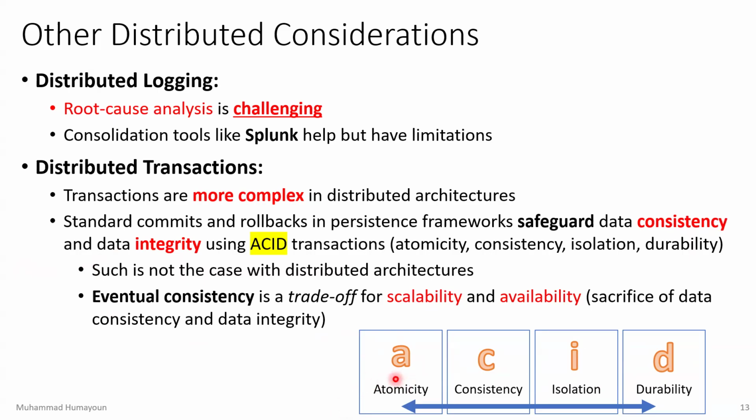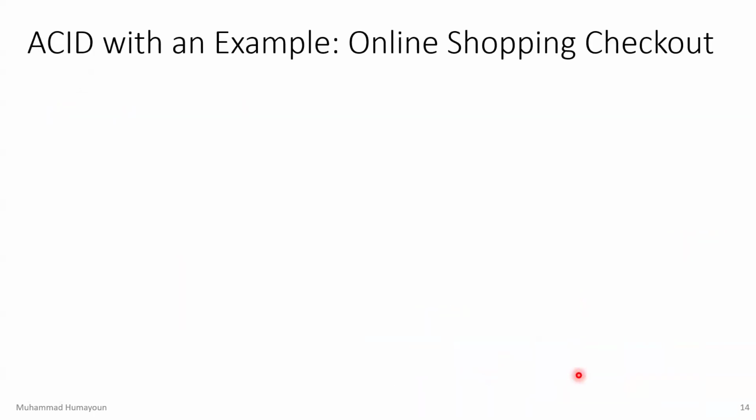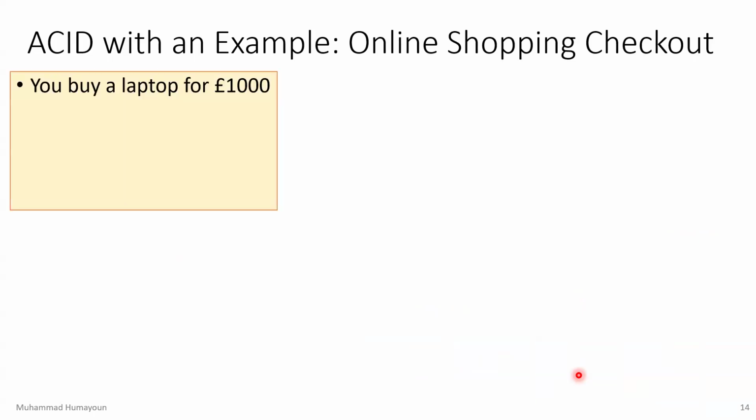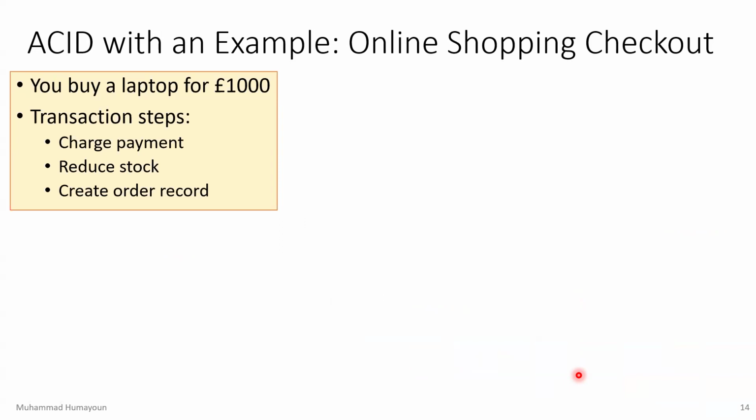So A is for atomicity, C is for consistency, I is for isolation, and D is for durability. I'll try to give you an example so that you remember what these properties are. Imagine you buy a laptop of 1,000, maybe kroners or pounds, and these are the transaction steps: charge payment, reduce stock, and create order record.